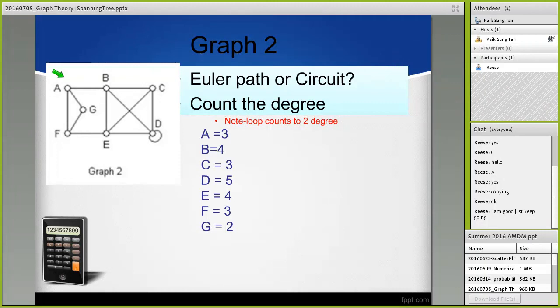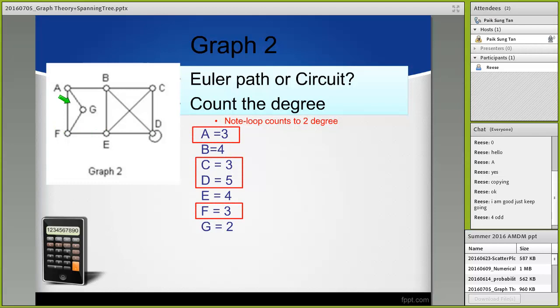So, if we count the degree of each vertex, you will figure out A has 3 degrees, B is 4: 1, 2, 3, 4. C has 3 degrees, D is 5 degrees, E is 4 degrees, F is 3 degrees, and G is 2.